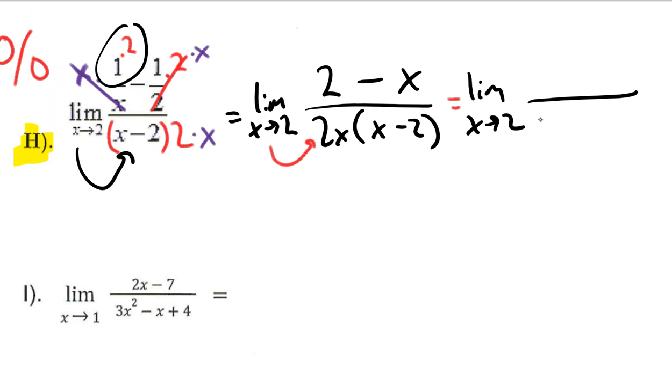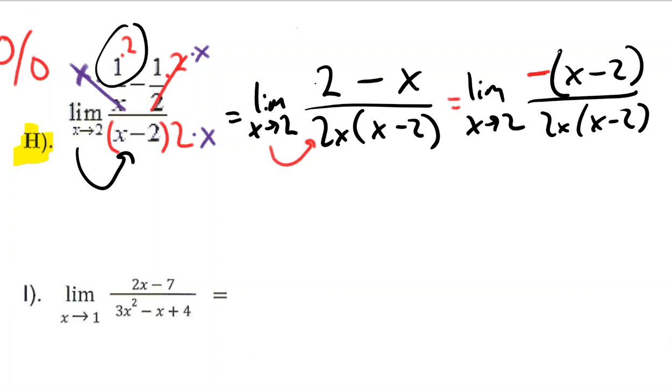Okay, so with that in mind, I can see that my denominator has an x minus 2, while my numerator has a 2 minus x. So positive 2, negative x, negative 2, positive x. They have the exact opposite signs, and if they have the exact opposite signs, we have this algebraic trick where we can factor out a negative.